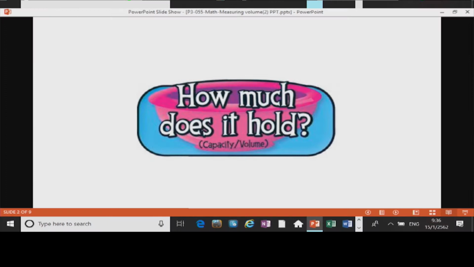How much does it hold? And our two words on the subject, capacity and volume. Remember, capacity, how much something holds. And volume, how much of something. Very good, guys.